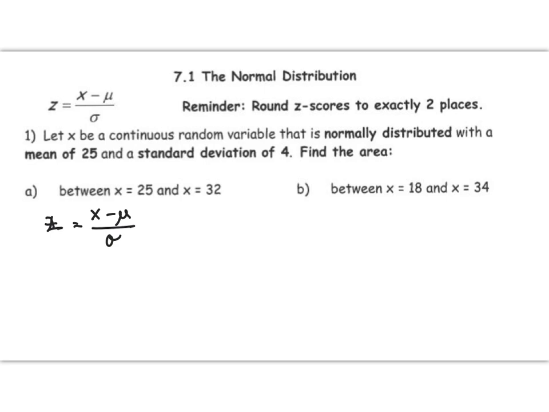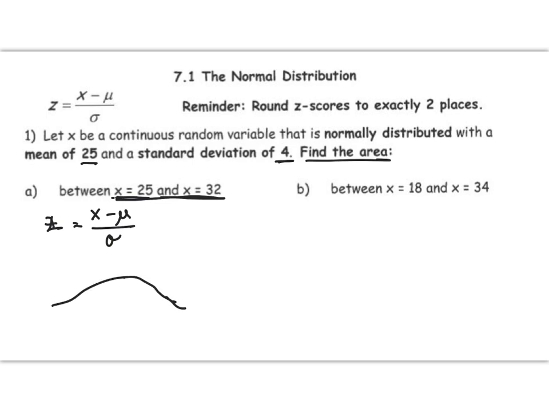So here we want to find the area if our x value is a continuous random variable that's normally distributed. It has a mean of 25 and a standard deviation of 4. And we want to find the value of the area between our data values of 25 and 32.